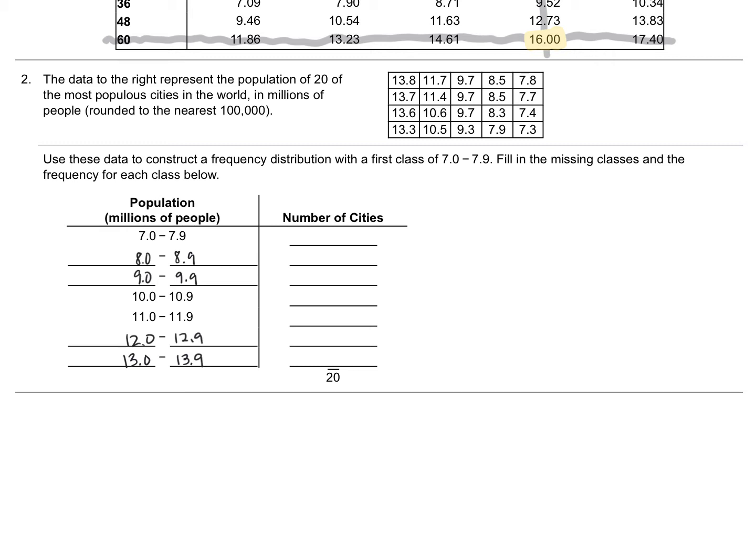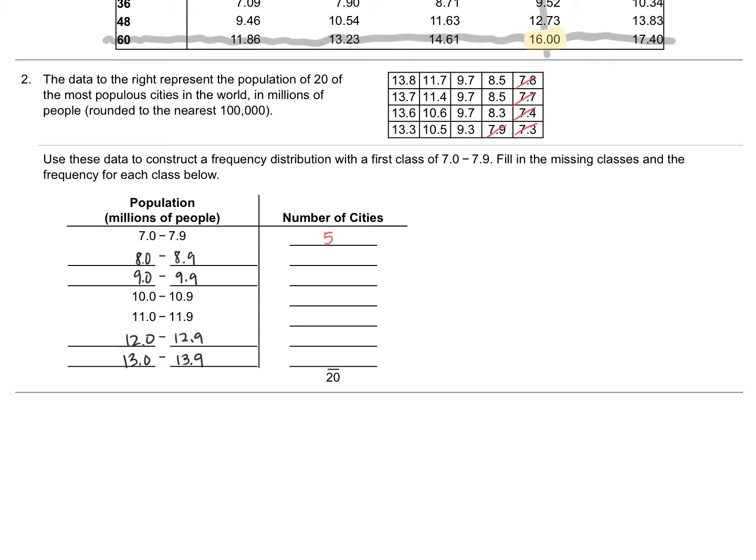So in other words, the first class is 7.0 to 7.9. So we want to look at the chart and see how many numbers lie within that range. So we will have 1, 2, 3, 4, 5. So 5 of the numbers are between 7 and 7.9.